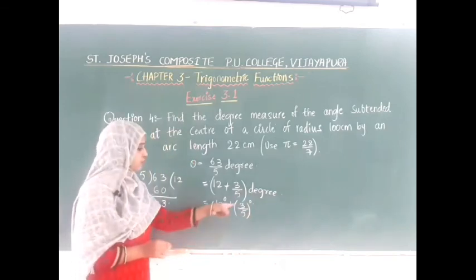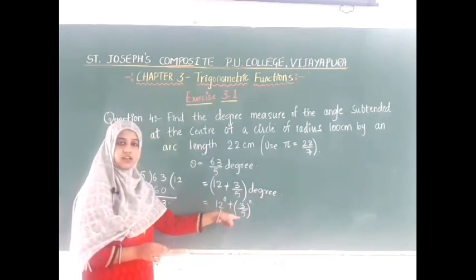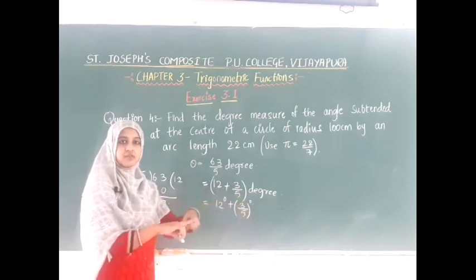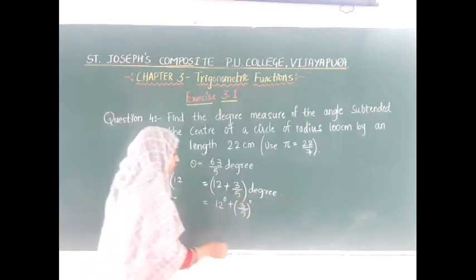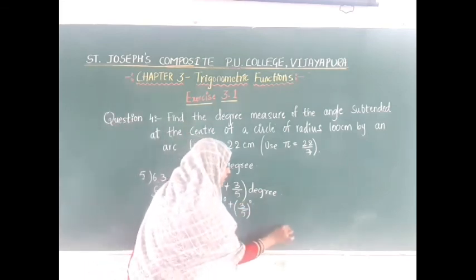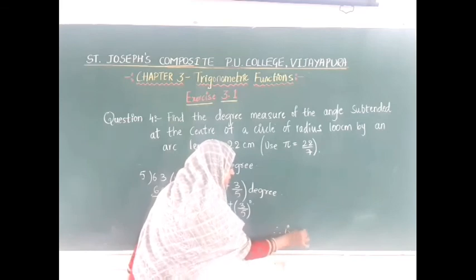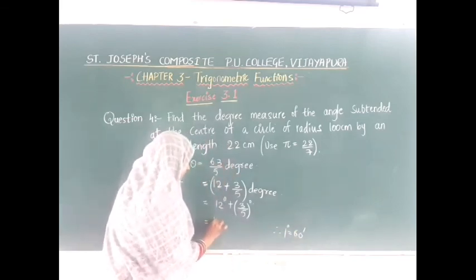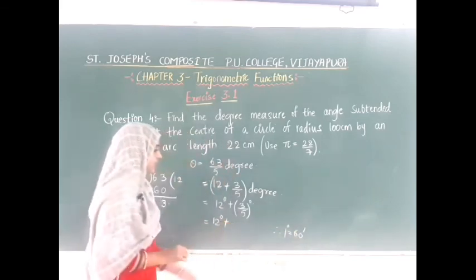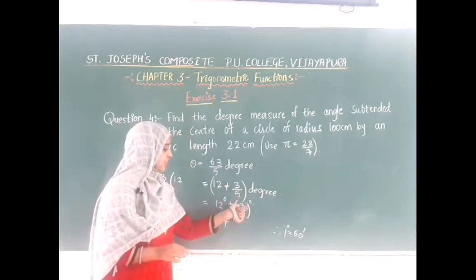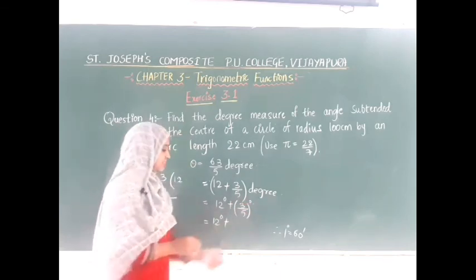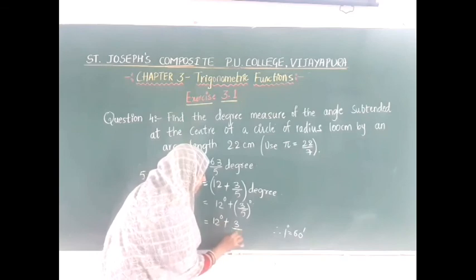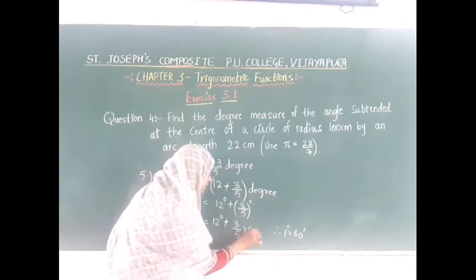Here we convert this 3 by 5 degree into minutes, and we know that 1 degree is equal to 60 minutes. Then the value of 3 by 5 degree is 3 by 5 into 60 minutes.